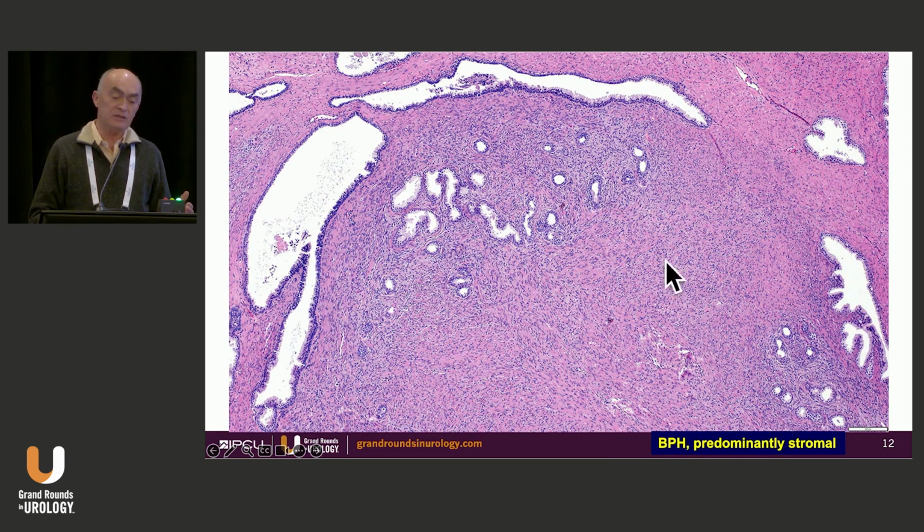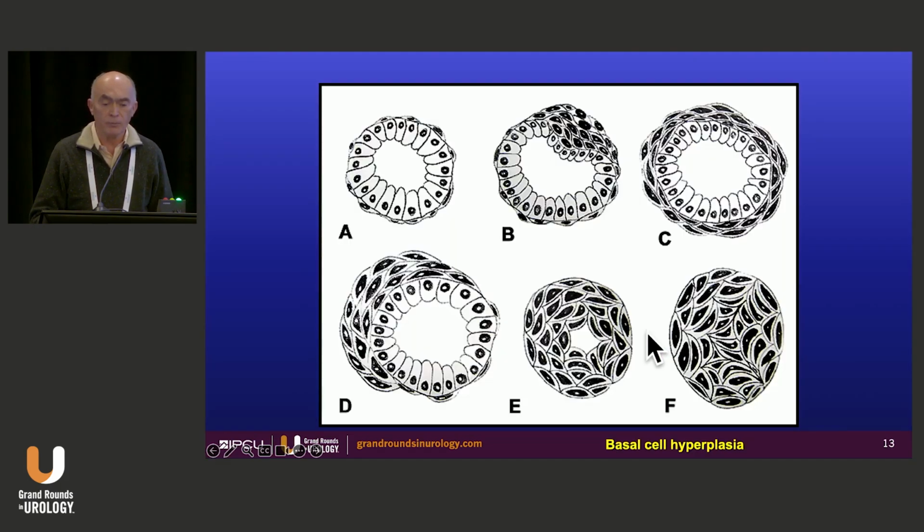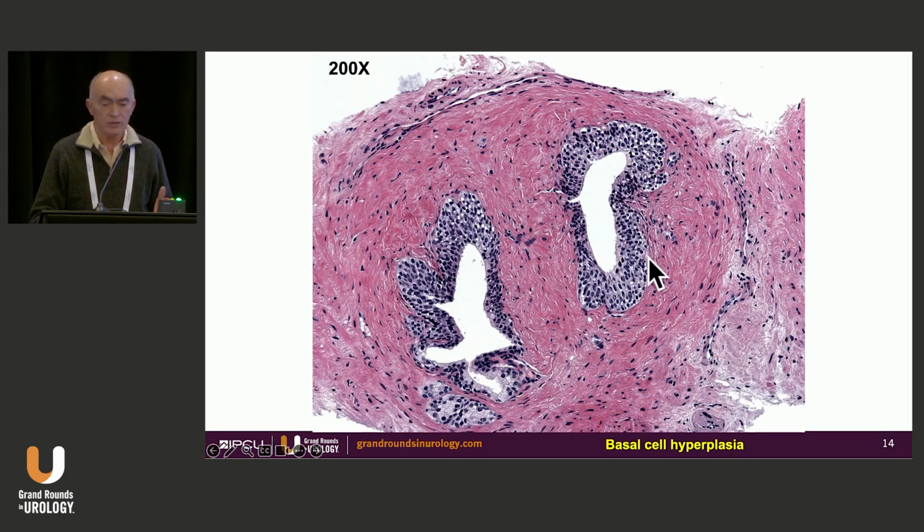Or the nodules are predominantly fibromuscular. We have fibromas, which are different kinds of BPH with a predominant stromal component. And finally, basal cell hyperplasia, in which the cells around the gland become hyperplastic, with basically atrophy of the glandular components.